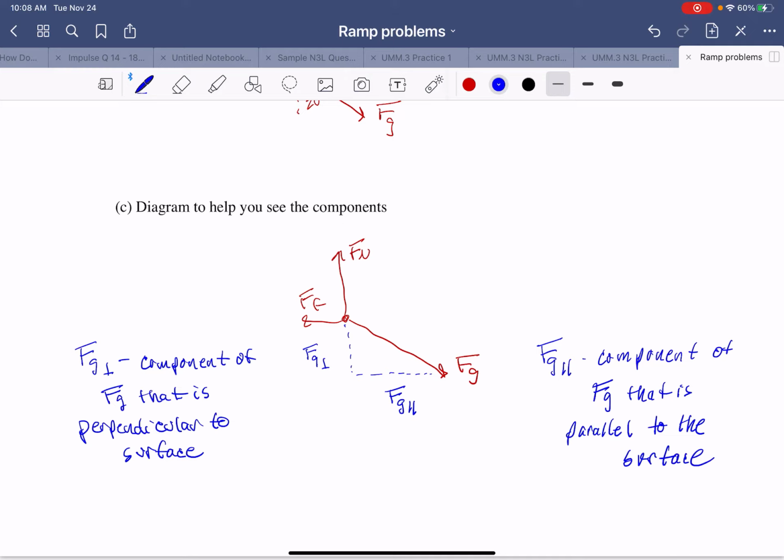Let's take a look at this, and we can say a couple things. My normal force and the perpendicular component of my gravitational force are perpendicular to the surface. Those two forces are balanced, because my object is not going into the ramp or up off the ramp.